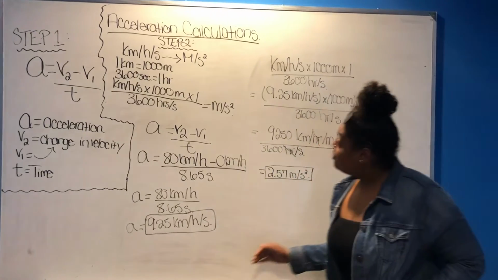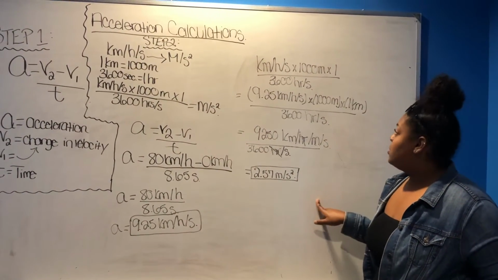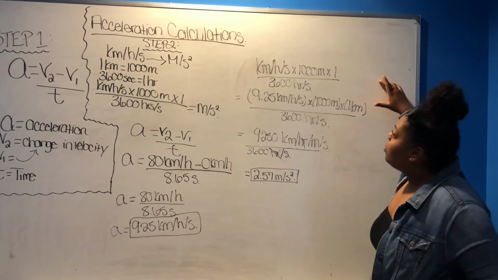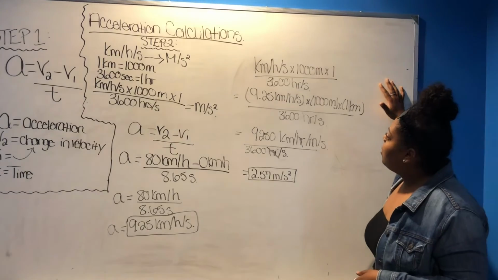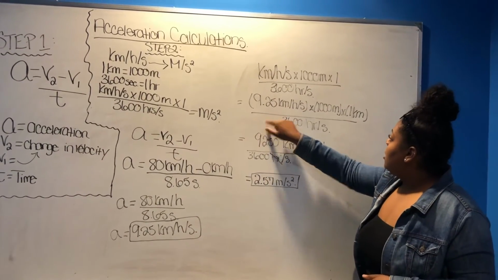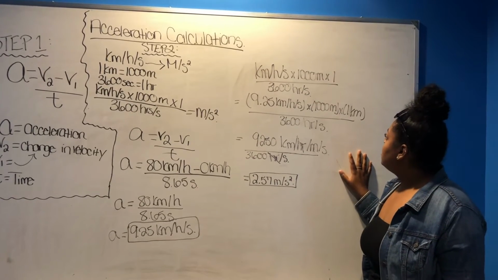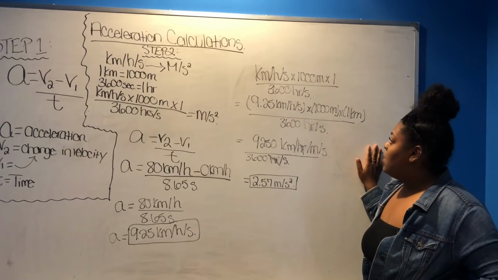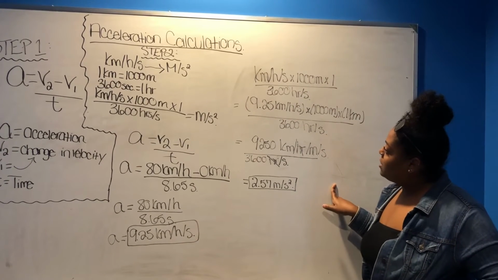But then we have to convert that into meters per second squared. So that's where this equation comes in. We did the same thing, we just plugged in the numbers. We took my rate of acceleration in kilometers per hour per second, multiplied it by 1,000 meters per 1 kilometer so that these cancel out, and then divided it by the 3,600 seconds per hour.